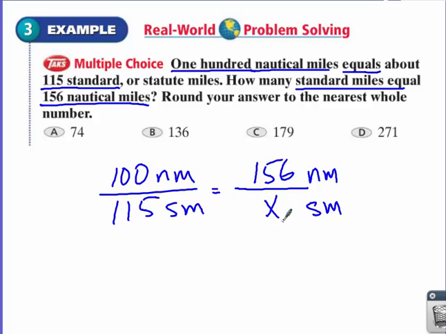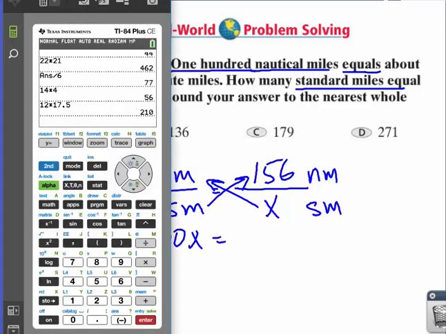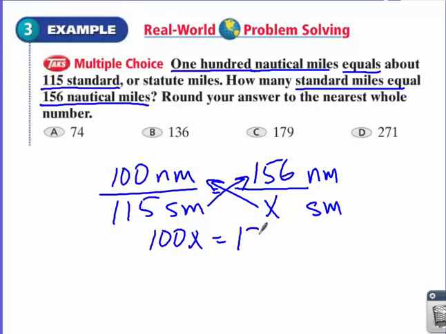Now that we've set up our proportion, we solve just like we have been doing. So I take the x and cross multiply it with the 100. I get 100x is equal to, I take the 115 and the 156, I cross multiply those, 115 times 156. We end up with 17,940, and then I divide both sides by 100.